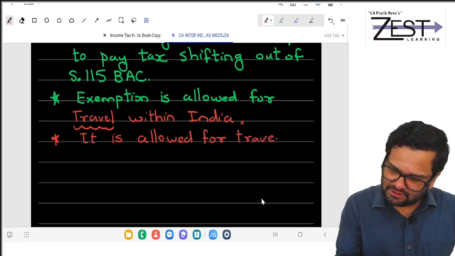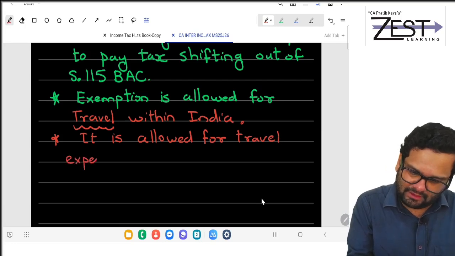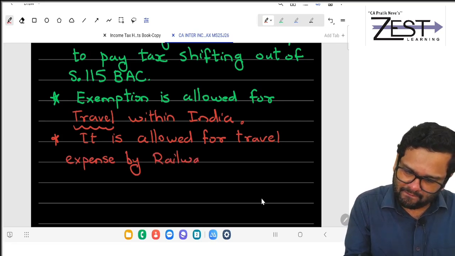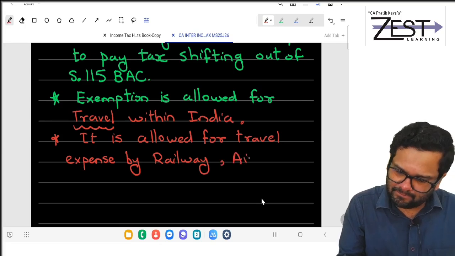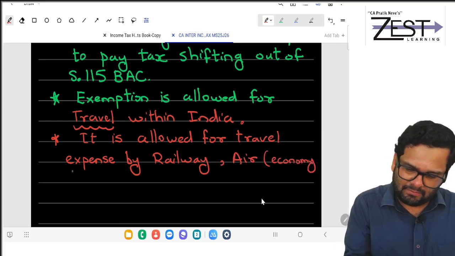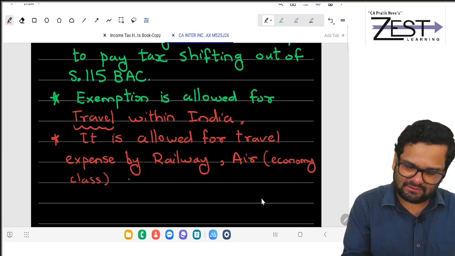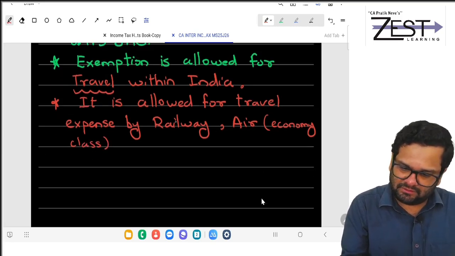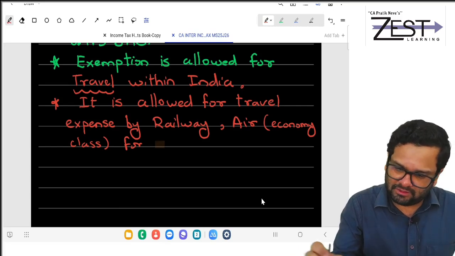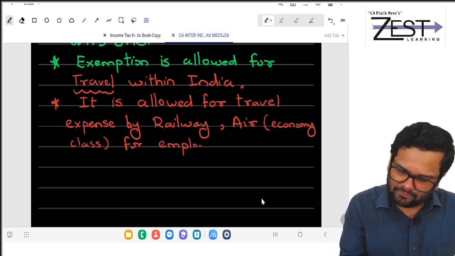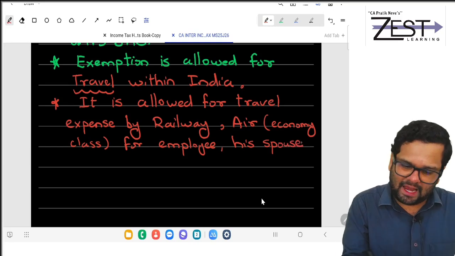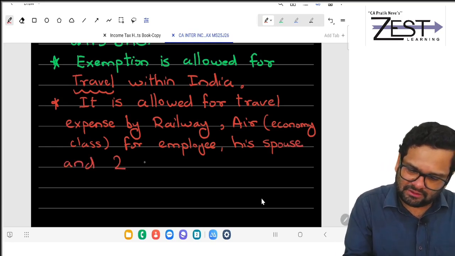It is allowed for travel expense by railway or by air. If it is by air, in economy class. For the assessee, means employee, for the employee, his spouse, and two children.